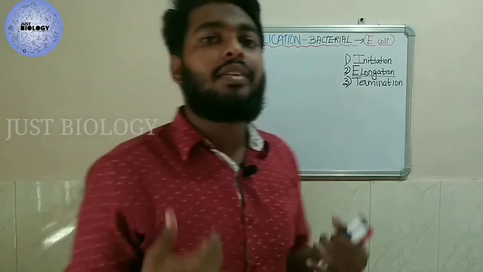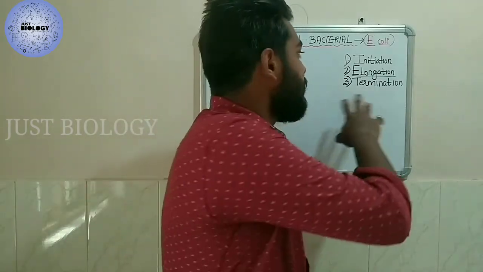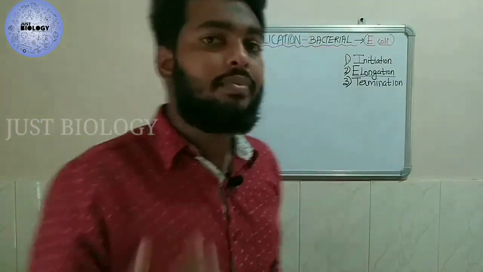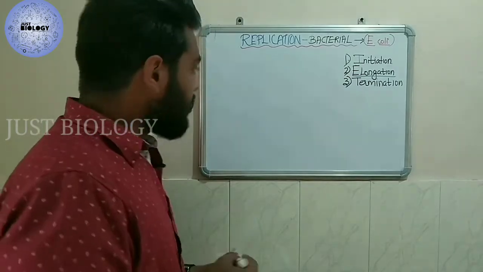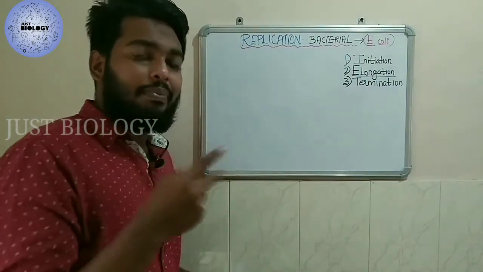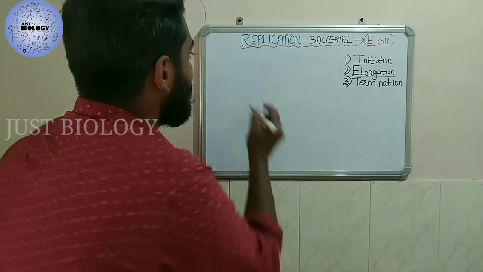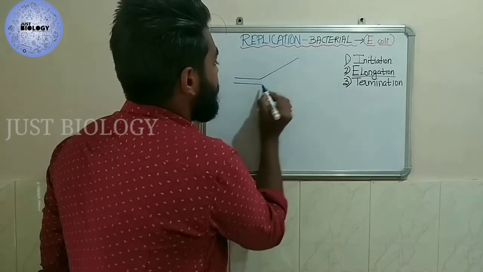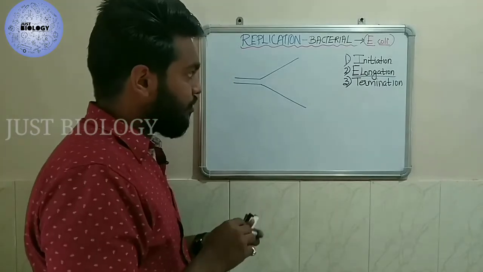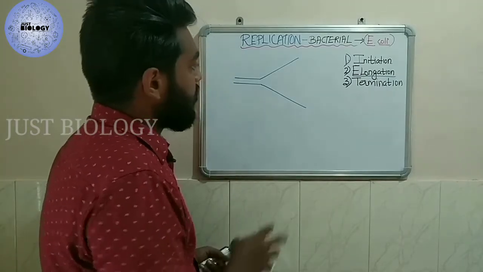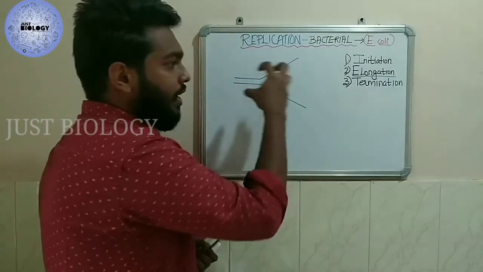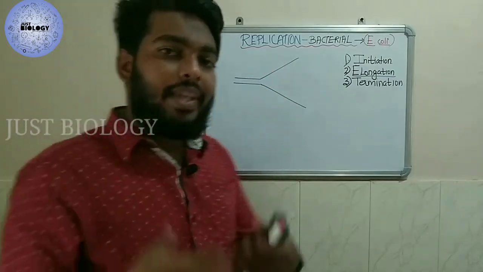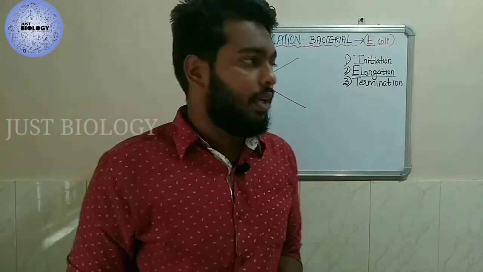What do prokaryotes need to fulfill the elongation process? We know that they will form a replication fork for the replication to begin. At the beginning of elongation, they make the fork and assemble it with many enzymes and proteins as well.